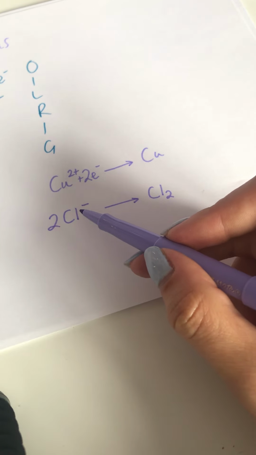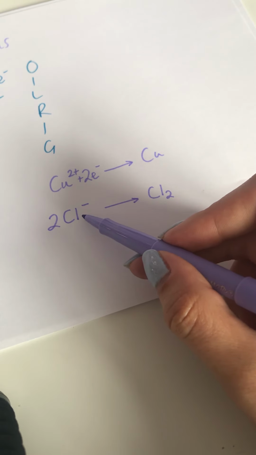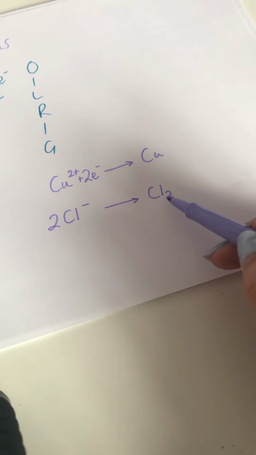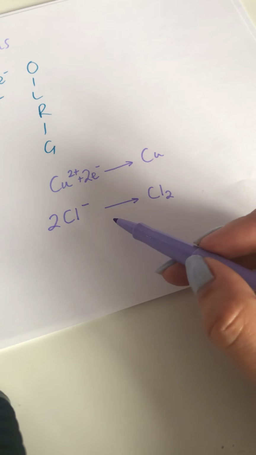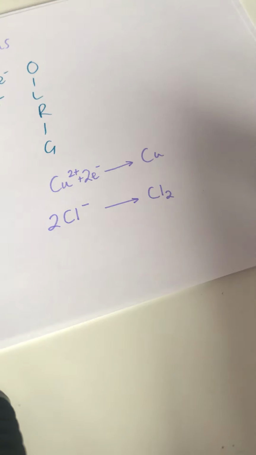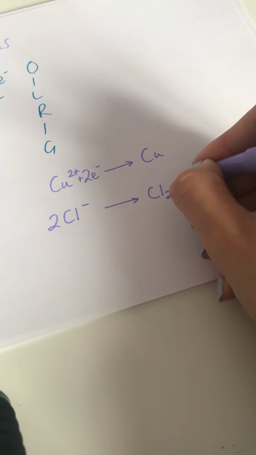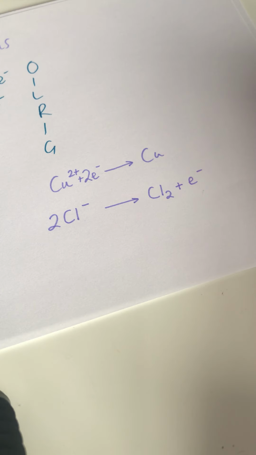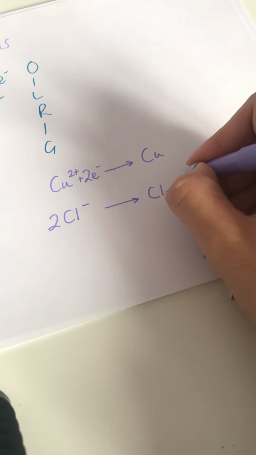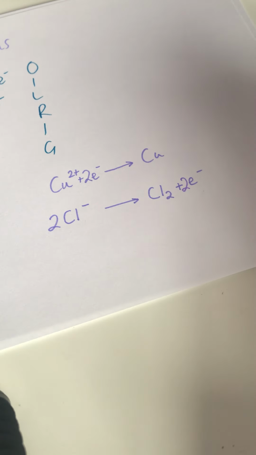This time we've gone from a negative oxidation state, -1, to 0. So what's happened here is that the chlorine has been oxidized. It's lost electrons. So we put the electrons on the right-hand side as one of the products from this equation. And to make it balance, we're going to need 2 of these.